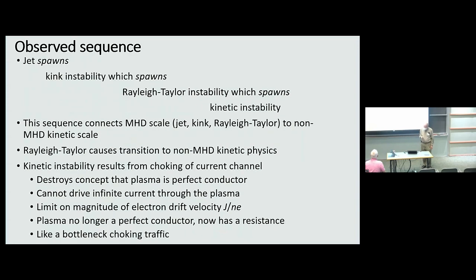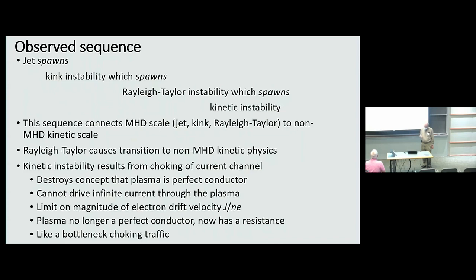So what we see is the jet goes happily on its way, and then it spawns a kink instability, and then the kink instability spawns a Rayleigh-Taylor instability, and then the Rayleigh-Taylor instability spawns a kinetic instability. And so this sequence connects the MHD scale to the non-MHD scale. The Rayleigh-Taylor essentially causes the transition to non-MHD kinetic physics. We can also see it going directly from kink to kinetic.